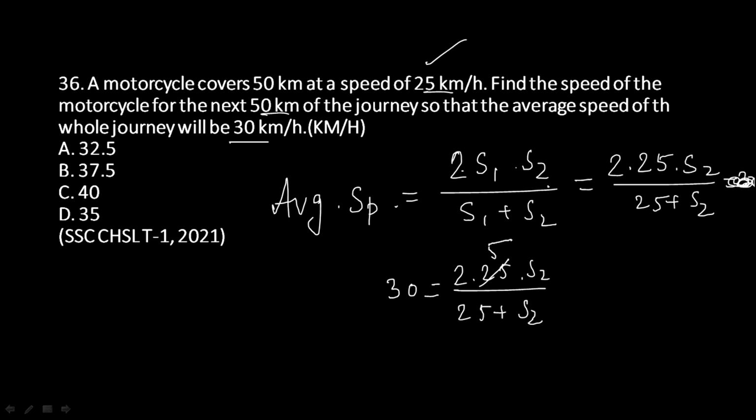So 30 times 25 plus 30 S2 is 750 plus 30 S2 equals 50 S2. So 50 S2 minus 30 S2 means 20 S2, and 20 S2 is equal to 750. So S2 is equal to 37.5. I hope it is clear to you. 37.5 is the answer. We are moving to the next one.